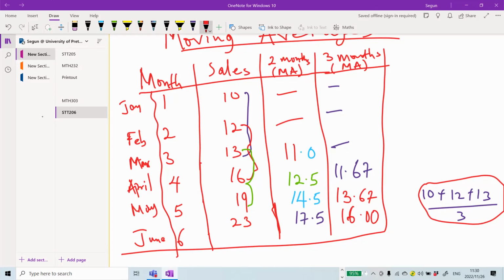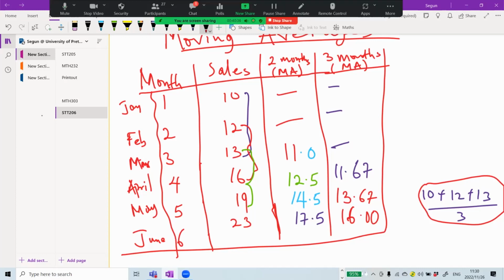Is that what you're saying? Supposed to be from April, according to the way you did. Because if you check the standard way of solving this problem, for example, if I'm doing 3 moving average, where should I put the value?